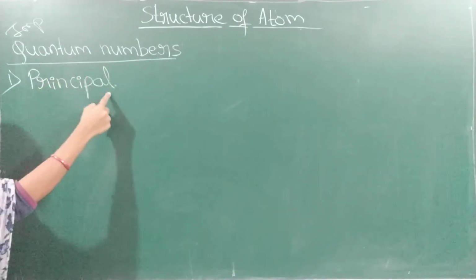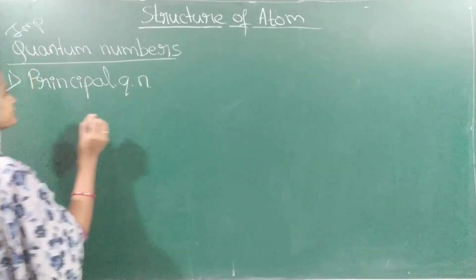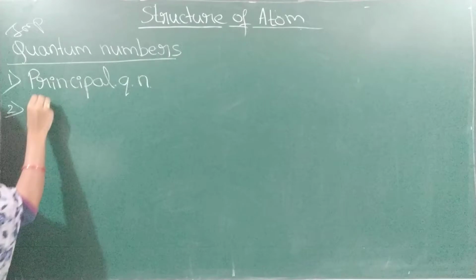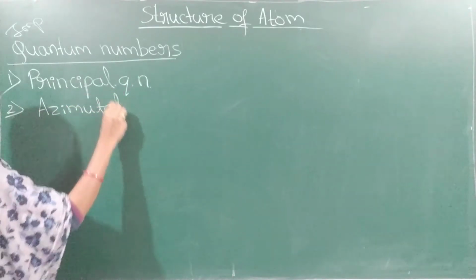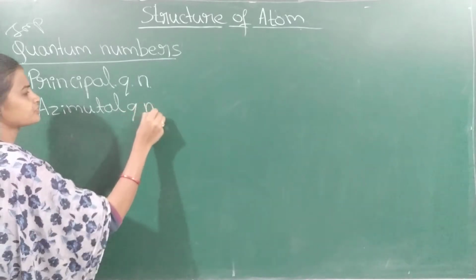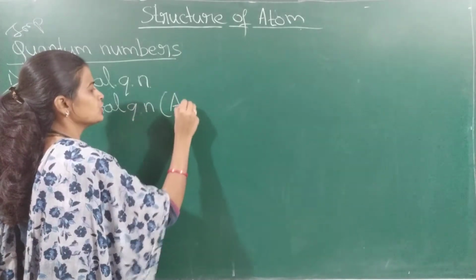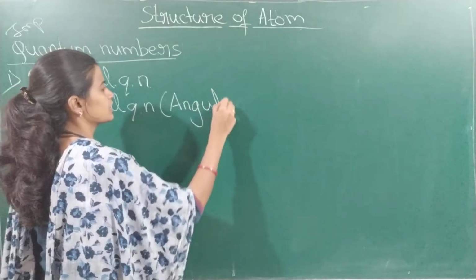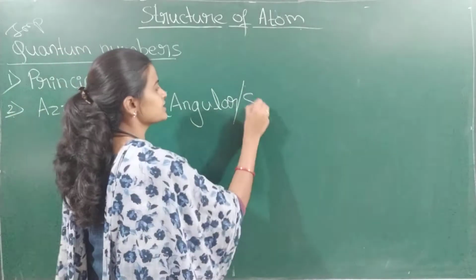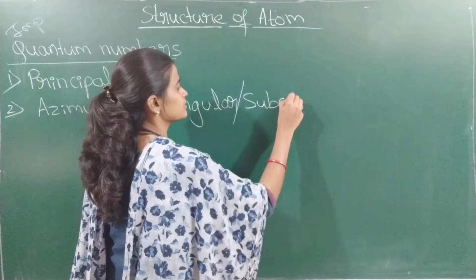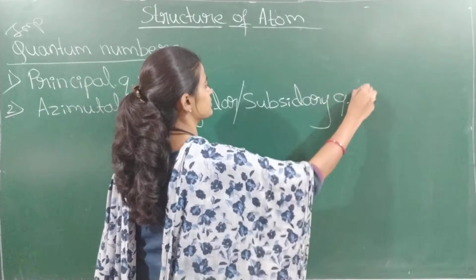Look at the spelling, PAL. Principal quantum number. Second one, azimuthal quantum number, or it is also called angular quantum number, or also called subsidiary quantum number.